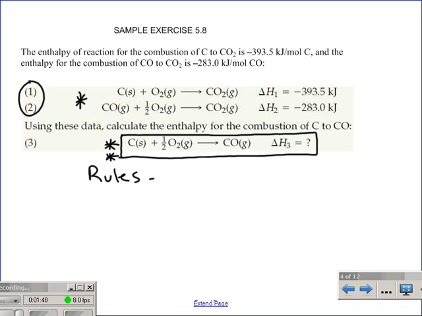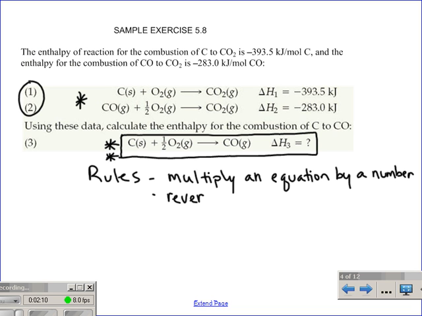There are really only two things you can do. You can multiply an equation by a number, which changes its coefficient. The other thing you can do is reverse a reaction.